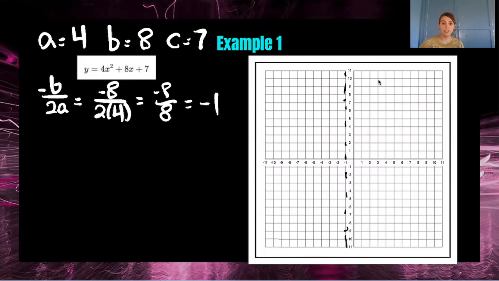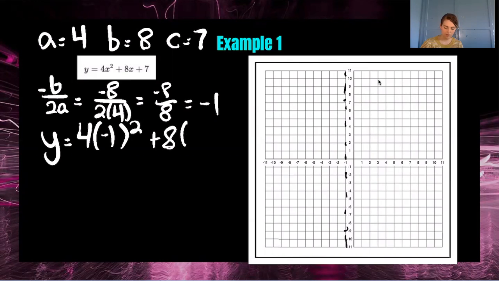Now I want to solve to see what the y value is of my vertex, so I'm going to plug it into the equation. So when I plug that in, I get 3.